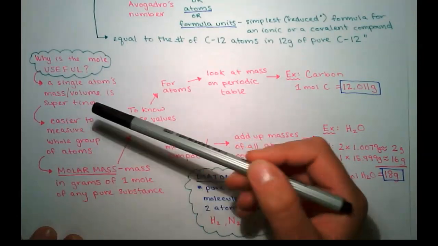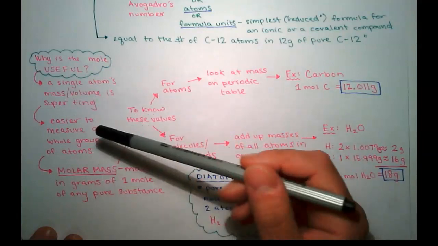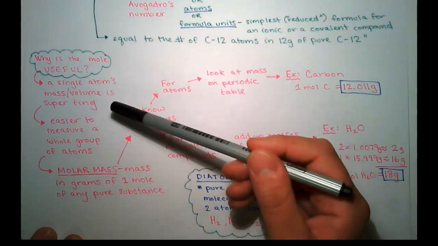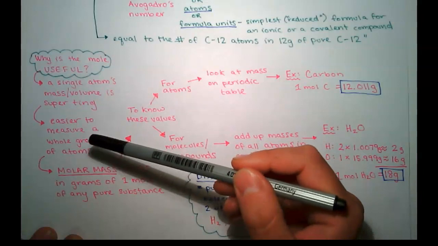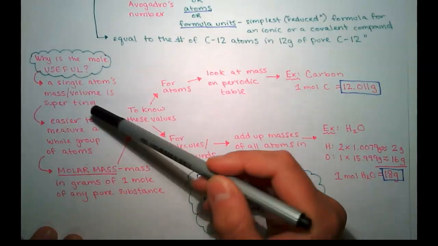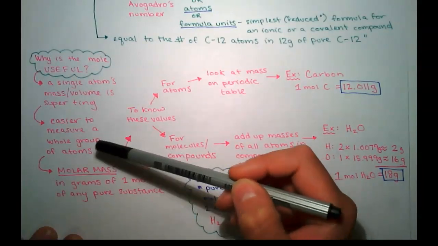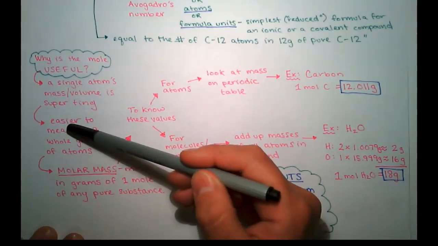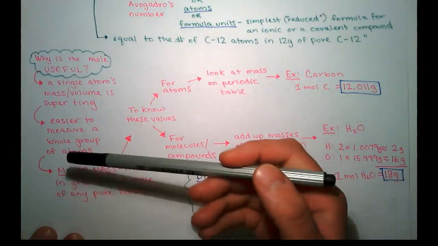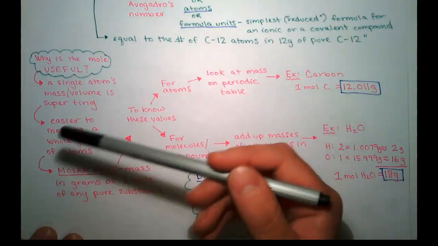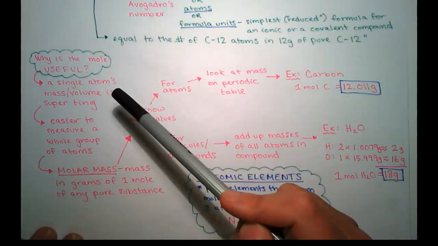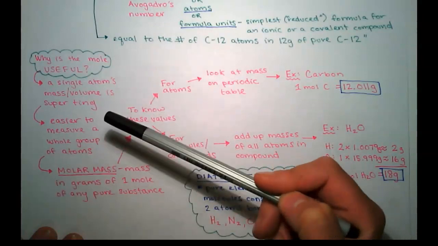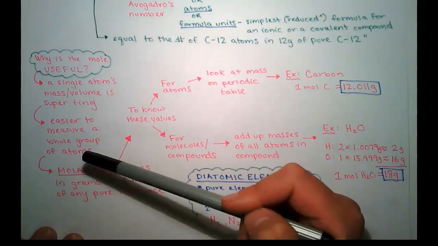A single atom has a really tiny mass or volume, and so instead of trying to measure the mass of that super tiny thing, it's a lot easier to measure a whole group of atoms at a time. And so we group atoms and molecules or formula units into these groups of 6.02 times 10 to the 23rd things, and we call that number a mole.